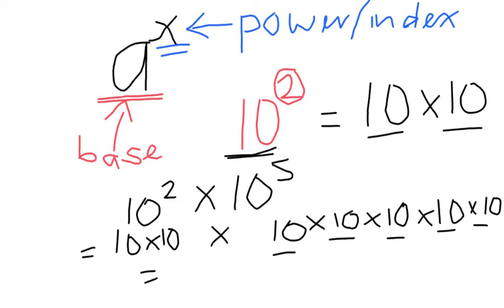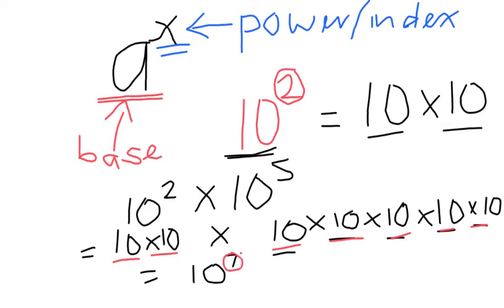With that knowledge, we can add up all our 10s and find out what our new power is. Our base is 10. But what is our power? Well, we've got 1, 2, 3, 4, 5, 6, 7. So our answer is 10 to the power of 7. Where did this 7 come from exactly?